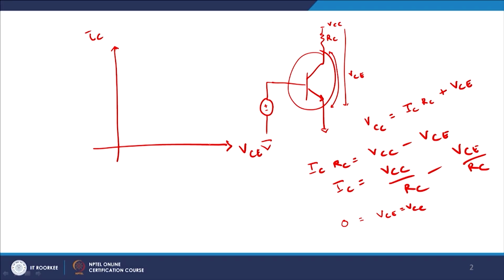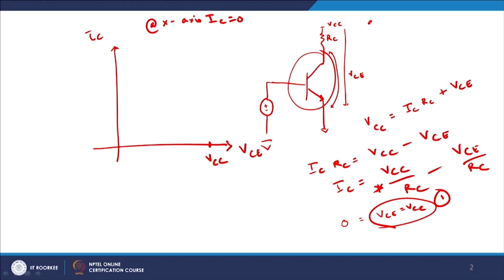So this is the VCC point. Place it into this equation and you get VCE equals VCC. This is the first thing, and you place a point here.